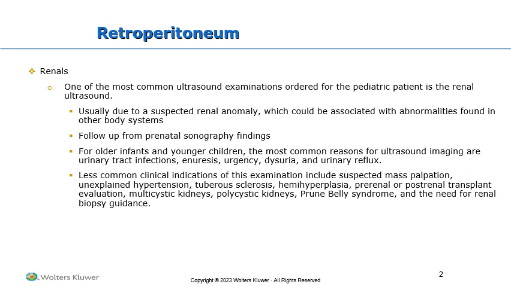Prune belly syndrome, this is another one that really affects the urinary tract as well as the abdominal wall. So we're going to be watching for that. It's associated with the posterior urethral valves as well, which can have a major impact on a patient. And ultimately, we're always there to assist in the need of renal biopsy guidance.